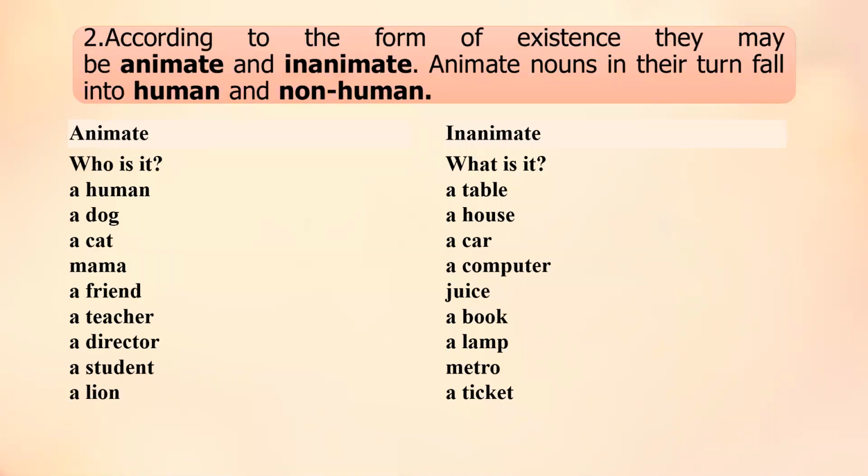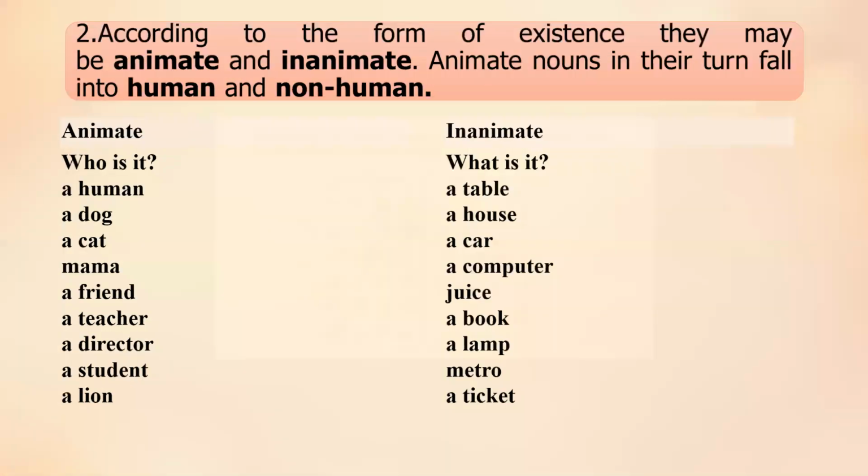According to the form of existence, nouns may be animate and inanimate, and animate nouns in their turn fall into human and non-human. Dog, cat, mama, friend, teacher could be classified as animate nouns, and house, car, computer, etc. are inanimate.